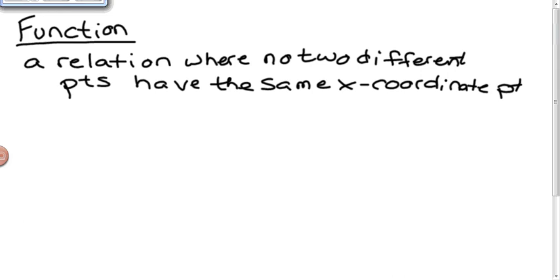So for a specific x value, there can be only one y. So for any input, there can be at most one output, is another way to think about it.